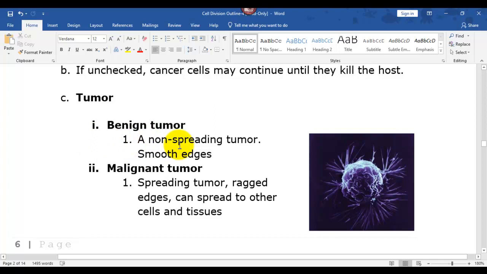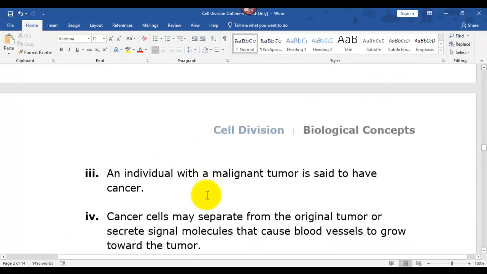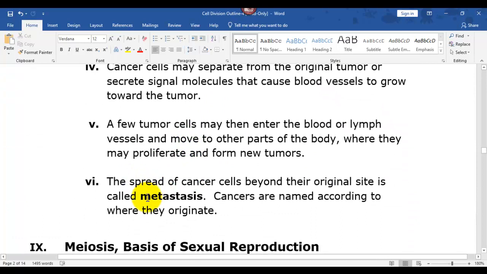I guess if you had to pick a cancer, as long as it's not in an area of the body that's going to get compromised, these do not spread. Metastatic tumors, malignant tumors, and the term is metastasis. See this? That means they have the ability to spread to other parts of the body.